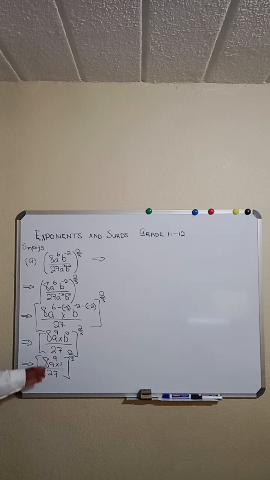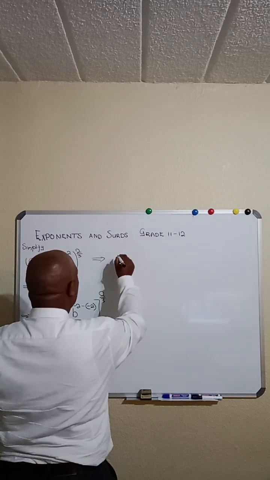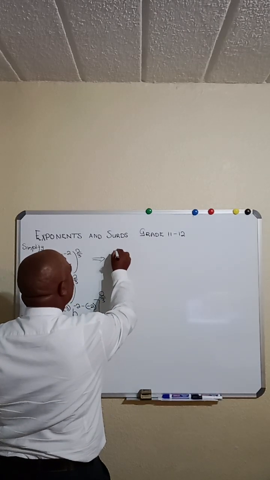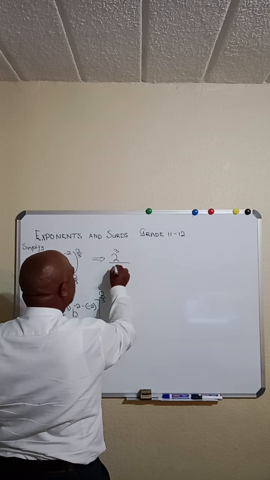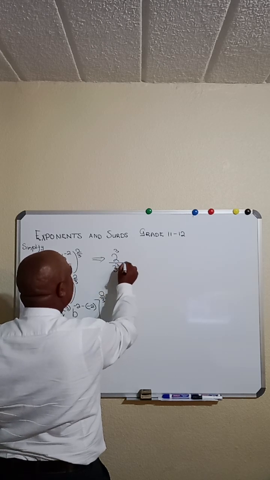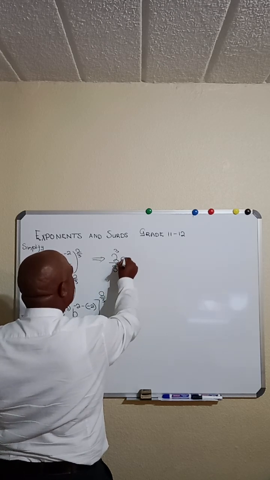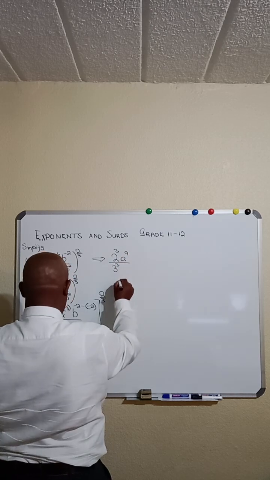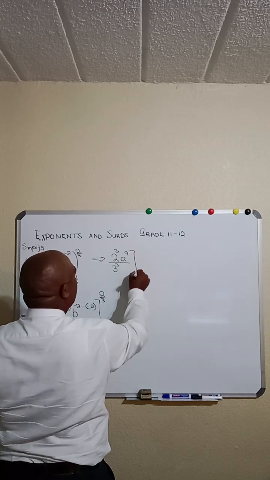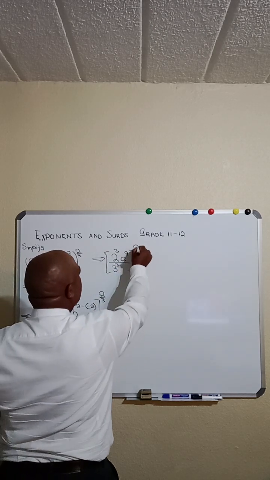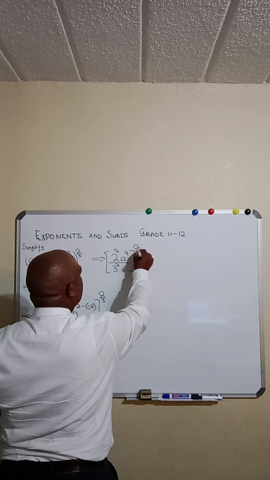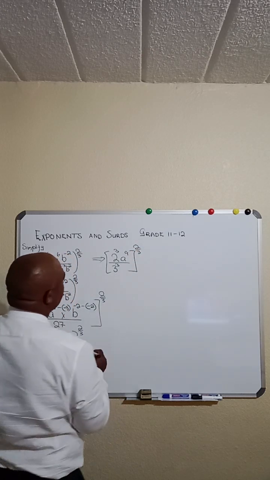Now we can break down 8 and 27 into exponential form. So 8 is 2 to the power 3, and 27 is 3 to the power 3, and then a to the power 9, all to the power 2 over 3.